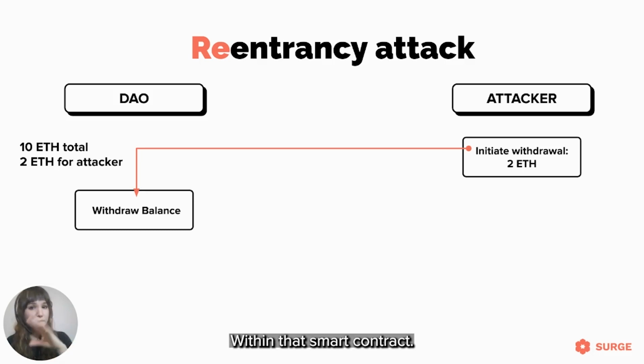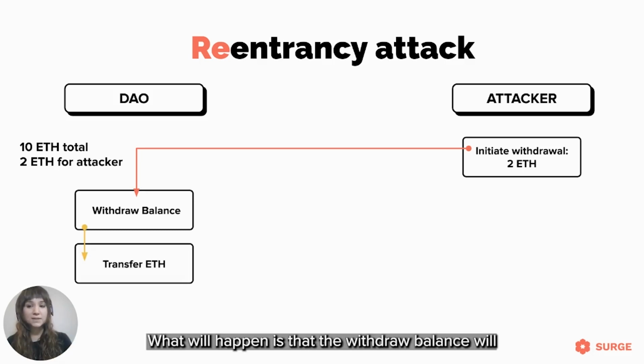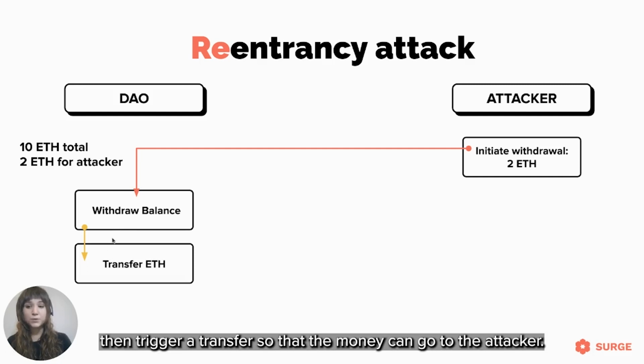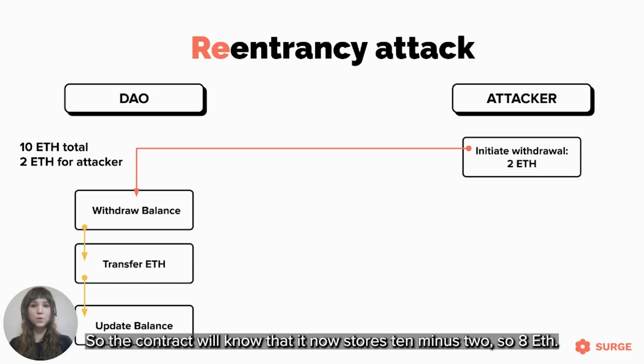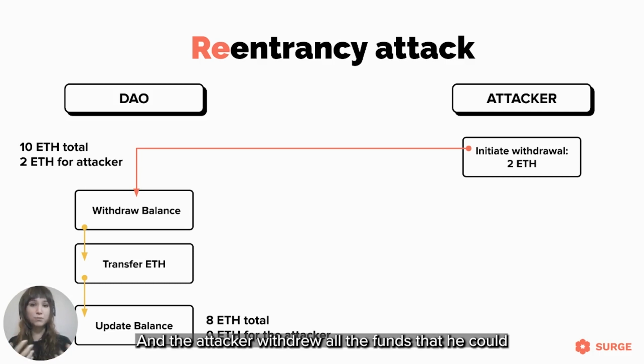Within that smart contract, the withdrawal will then trigger a transfer so that the money can go to the attacker. And in a perfect world, what happens then is that the balance also gets updated. So the contract will know that it now stores 10 minus 2, so 8 ETH, and the attacker withdrew all the funds that he could, and the allowance is now at 0.